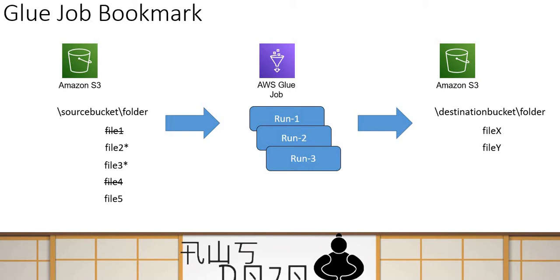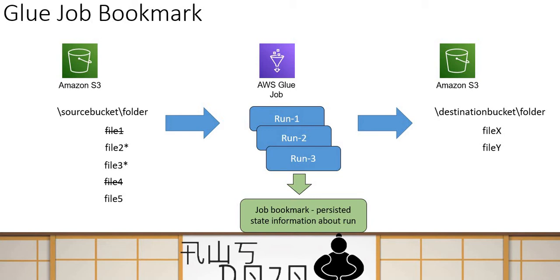So you want to avoid reprocessing of your data, and if you have a requirement like that, it can be achieved by using job bookmarks. You can enable job bookmark on Glue, and what it does is that every time it runs, it persists the state information of your run.